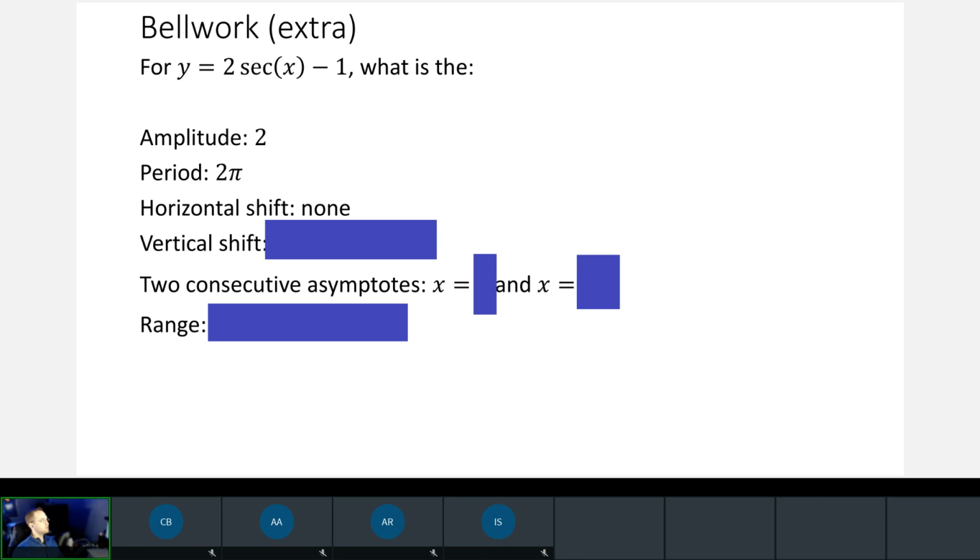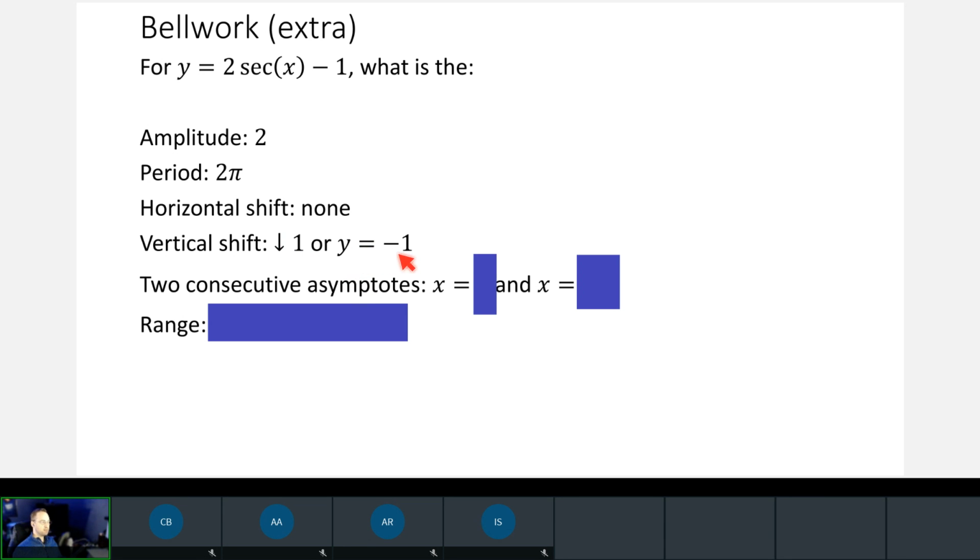What is the vertical shift? Down 1. Yep. And you can also write the vertical shift as y equals -1. On your quiz, on your test, you actually may see it written like this. They may say down 1. They also may give you the horizontal line formula, y equals -1.